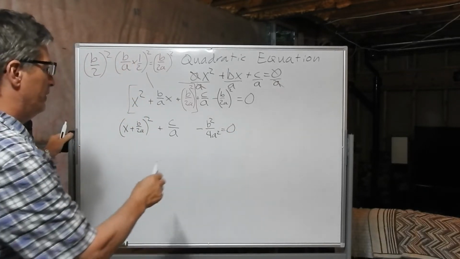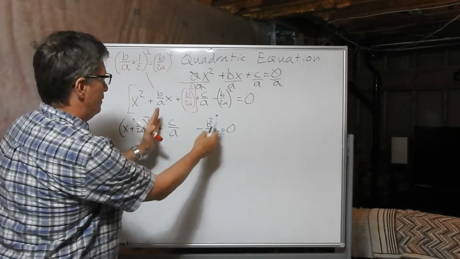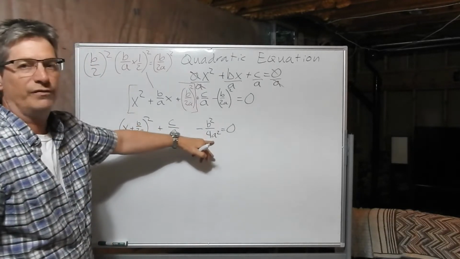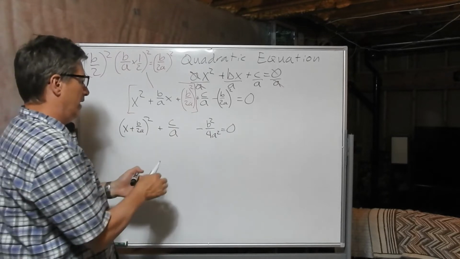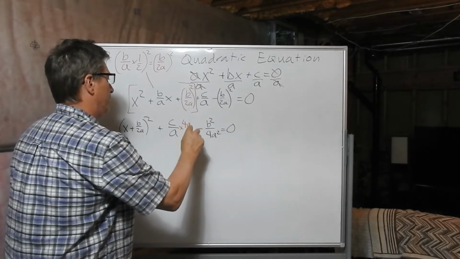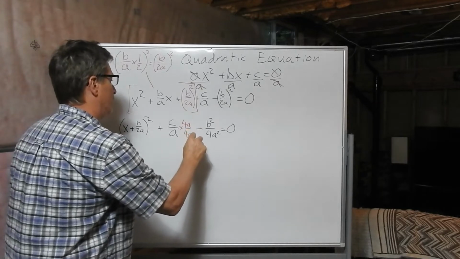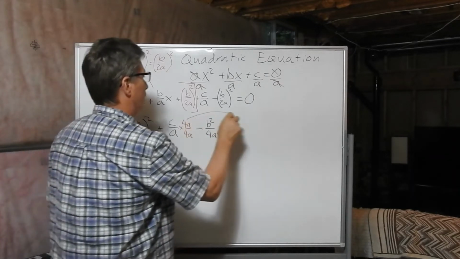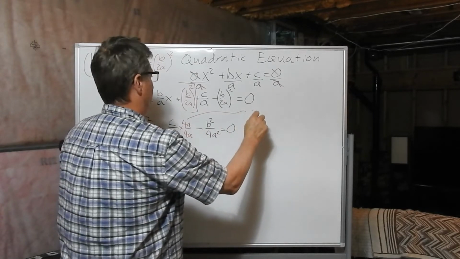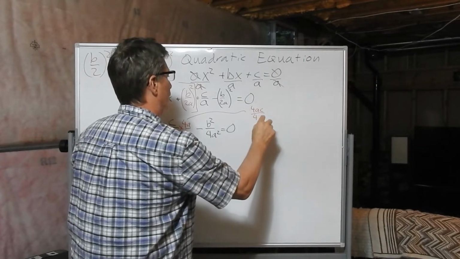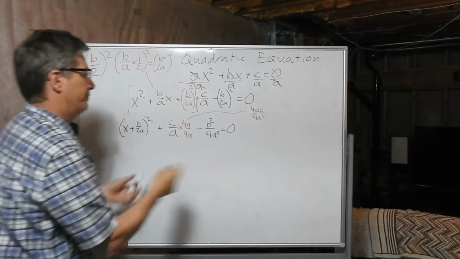Now when you're dealing with fractions, let's come to a common denominator, and the common denominator here will be 4a squared. To get that, we multiply the c over a term by 4a over 4a, and that gives us 4ac over 4a squared.